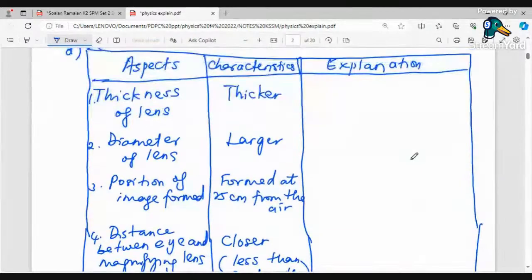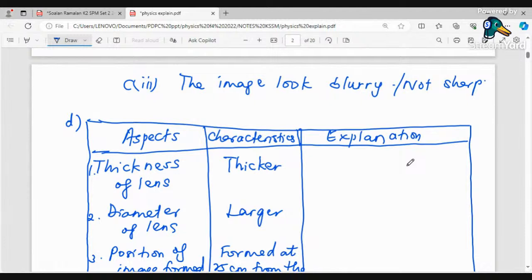Okay. Okay, reason. Kalau thicker, boleh tulis short focal length. Okay, diameter larger, boleh tulis ialah more light passing through.